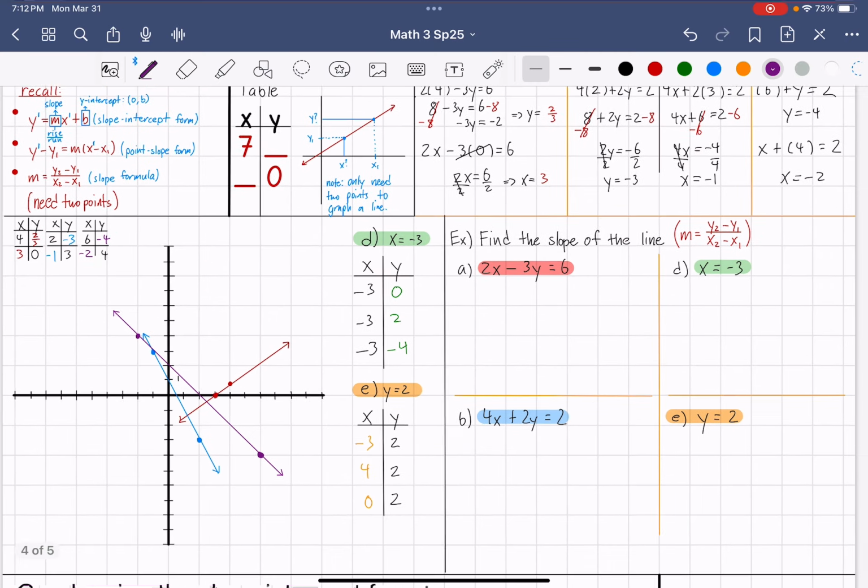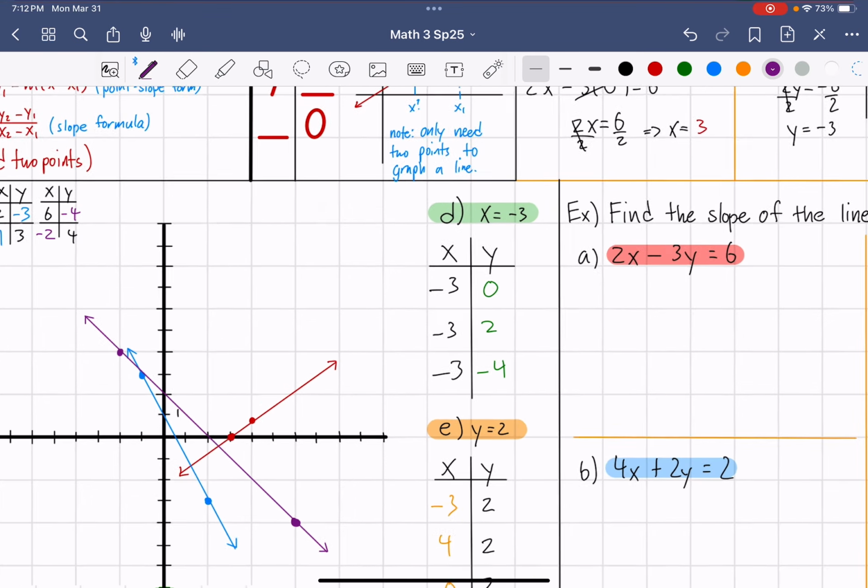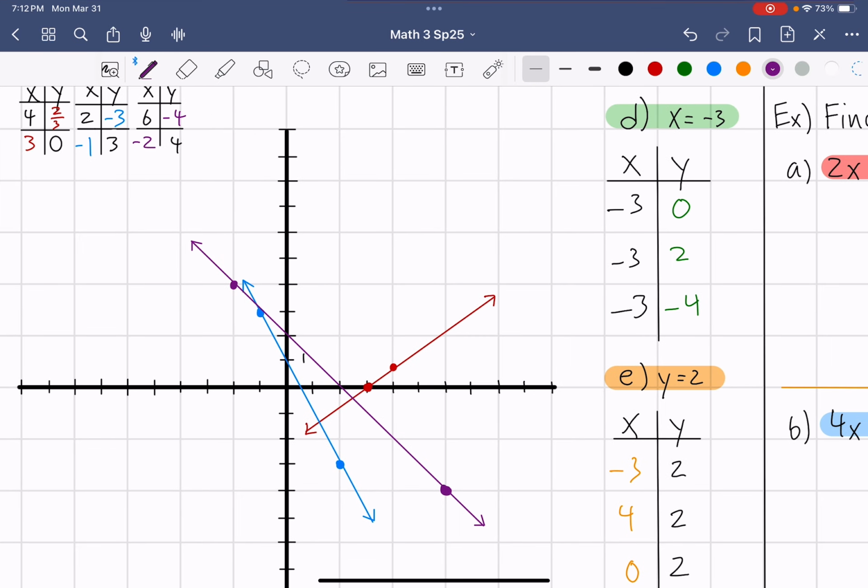Now I have these last 2, which if we notice, this green one, if I graph it, for the x, I go to negative 3, but then I don't go up or down at all because it's at 0. The next point, I go left to negative 3 and then up 2. Then even if you want to graph the fourth one, you can, but I didn't need to.